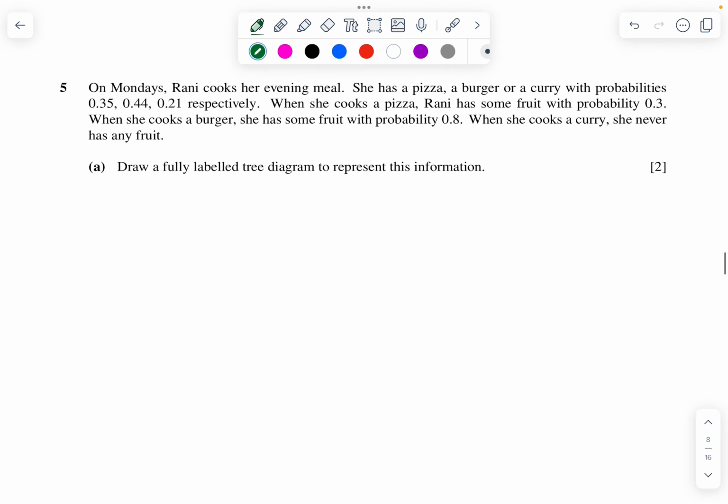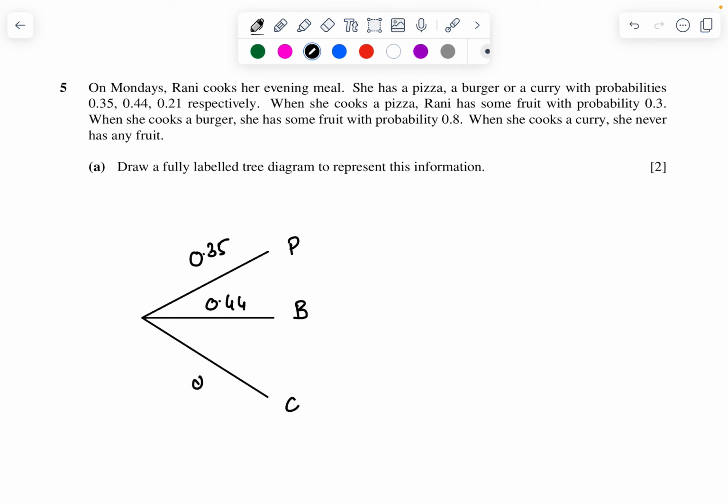Question number 5. On Mondays, Rani cooks her evening meal. She has a pizza, burger, or a curry with the probabilities of 0.35, 0.44, and 0.21. So, pizza, burger, and curry: 0.35, 0.44, 0.21. When she cooks the pizza, Rani has some fruit with probability 0.3.